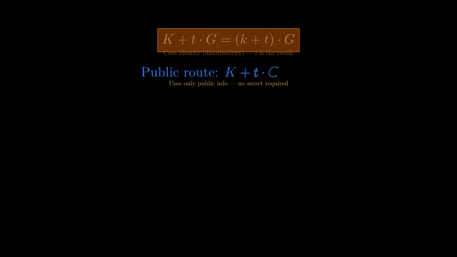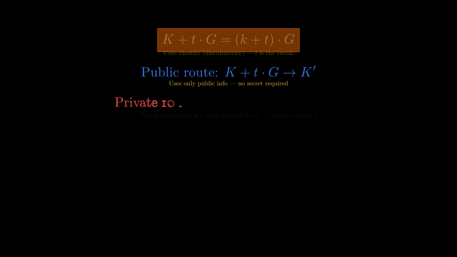Here's the trick. Elliptic curve points can be added together and the scalar multiplication distributes over scalar addition. That gives us this identity. Capital K plus T times capital G equals the quantity lowercase k plus T times capital G. We'll call T the tweak. On the left side, we take the public key capital K and add the point T times capital G to it.